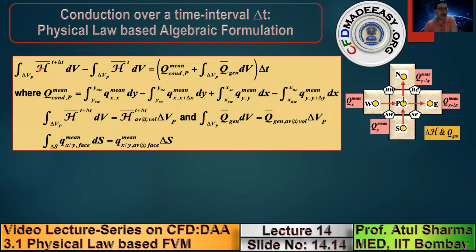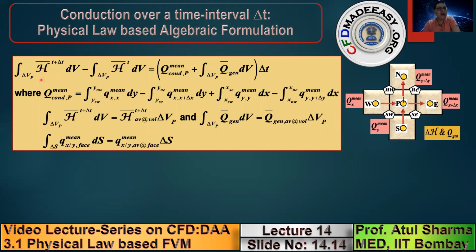If you see H bar or Q bar, they are independent of volume. Similarly, if I want a term independent of surface area, any heat flux, since it is per unit surface area, is independent of it. So I am expressing the per unit volume and per unit area terms as integrands.